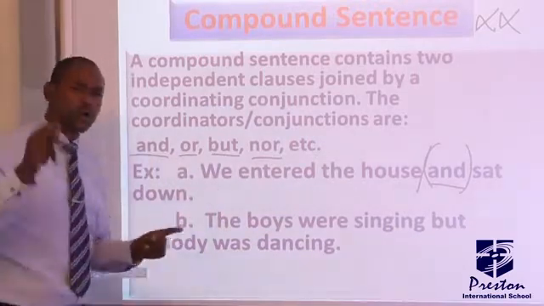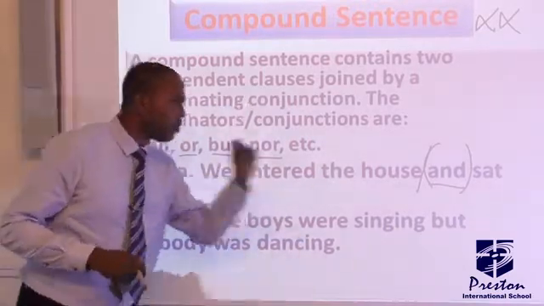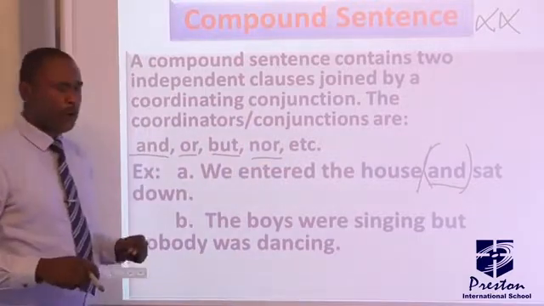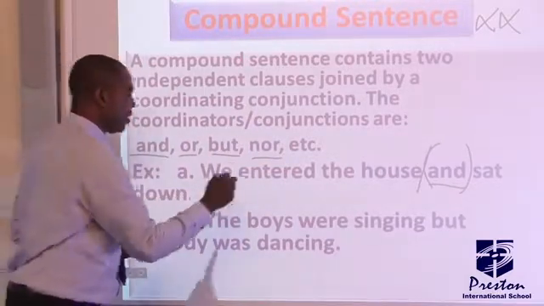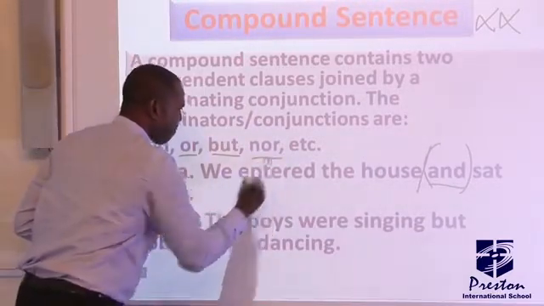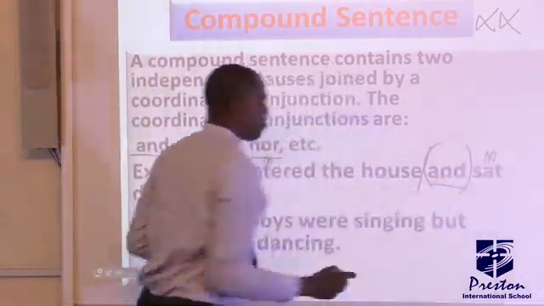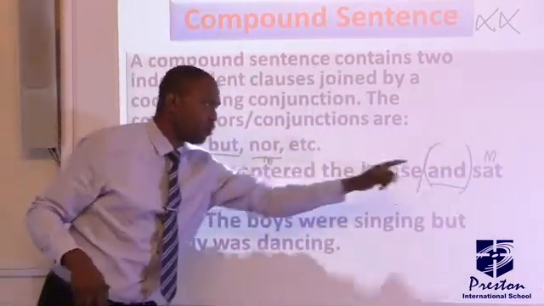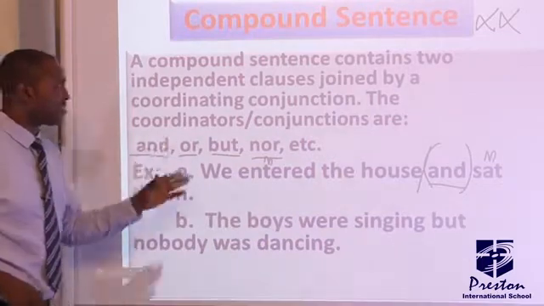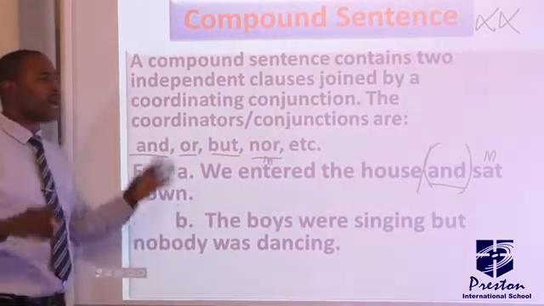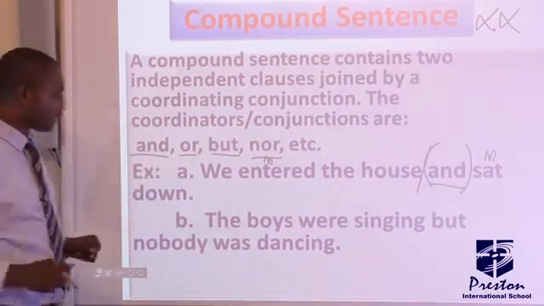So the two clauses are we entered the house, we sat down. We have a main verb here, and another main verb here, but we have a deletion of the subject to avoid repetition. So this is a compound sentence having two main clauses.